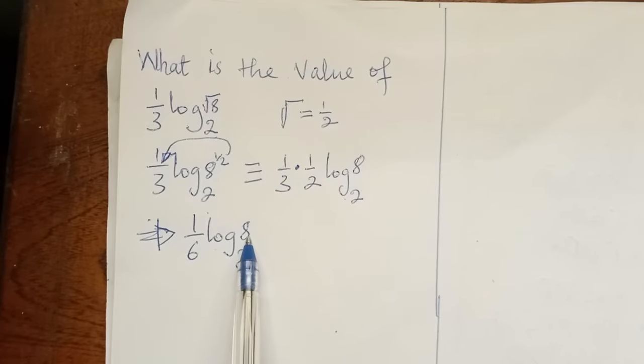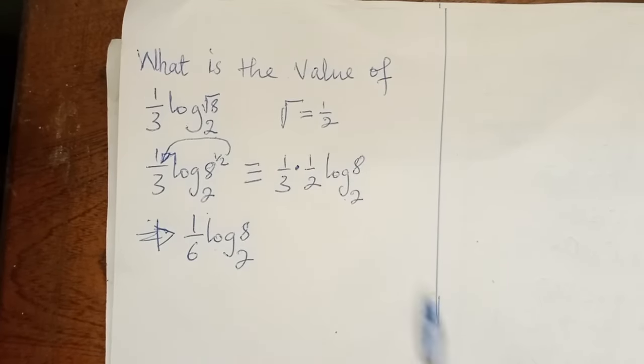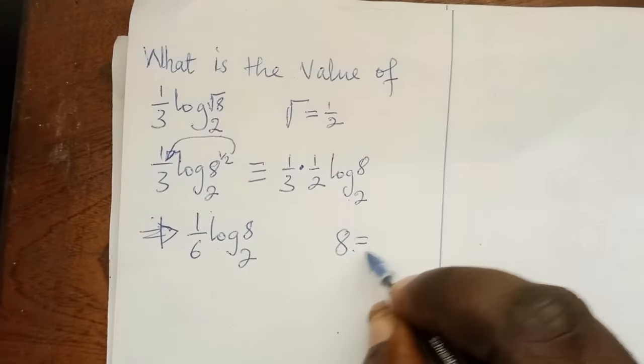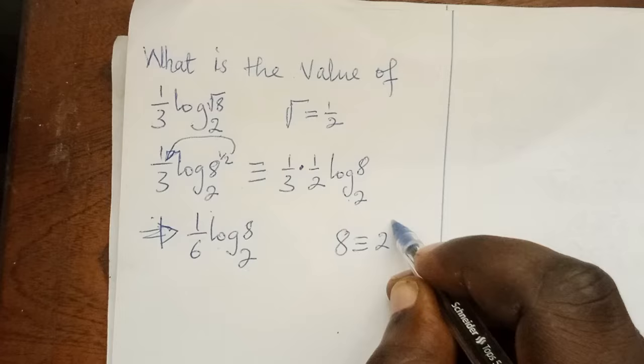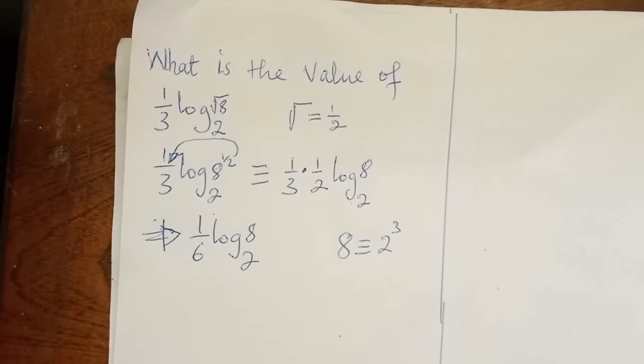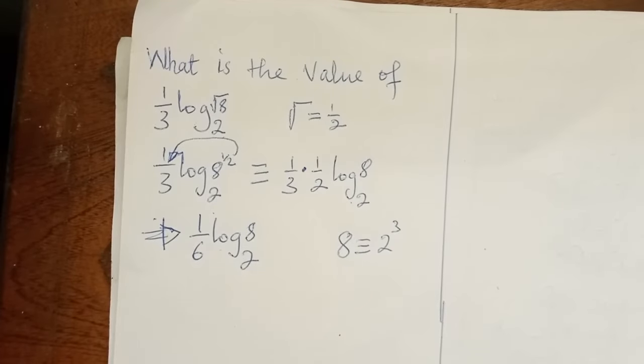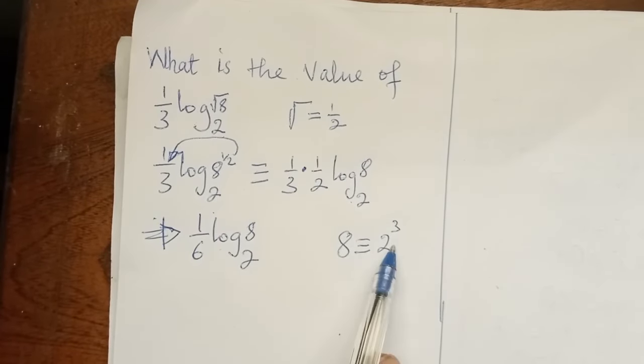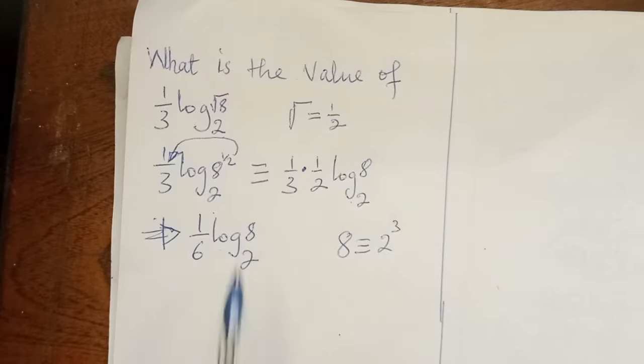We know that this 8 can be expressed as 2 to the power 3. We know this because 2 times 2 is 4, times 2 is 8. So 2, three times, is going to give us 8. Let's express this to this power so that log of 2 and 2 will be here.